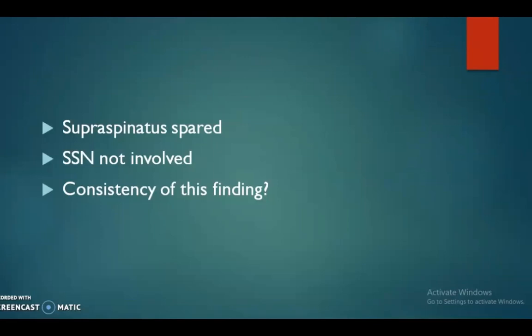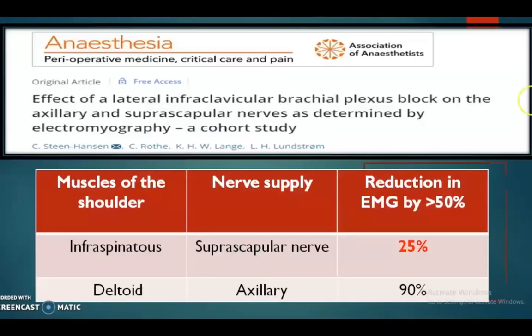We found an article which evaluated the effect of the lateral intraclavicular brachial plexus block on the axillary and the suprascapular nerves by electromyography. They defined a reduction of surface electromyography by more than 50% as a positive block, and they found that in only 25% of their patients was the suprascapular nerve involved after giving a LICF block, whereas 90% of the patients had blockade of the axillary nerve and all the other nerves that supply the muscles of the forearm and the hand.